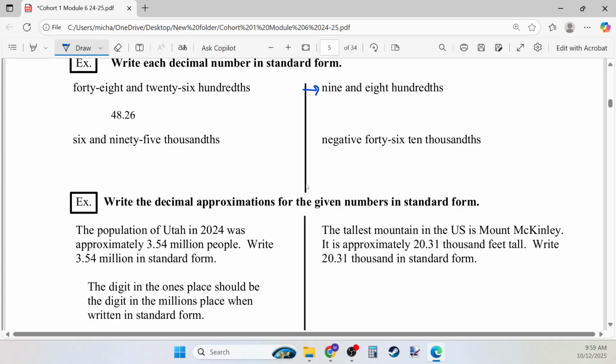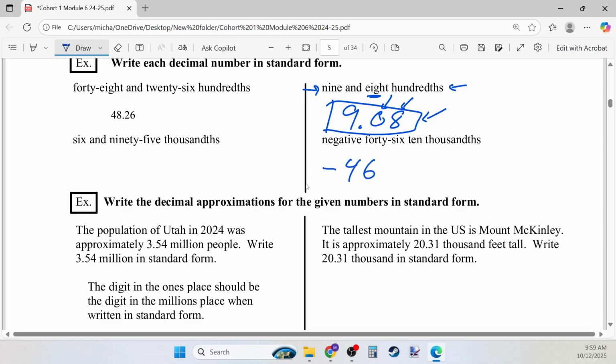We have 9 and 8 hundredths. 9, and we need this to land in the hundredths position. We need an 8 in the hundredths position. So we put a placeholder here, placeholder 0 to space that out correctly. This is our number. And I think this is a much clearer picture than that written out in words.